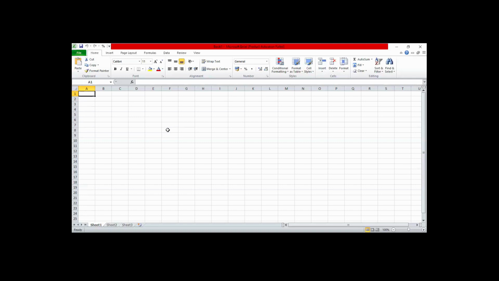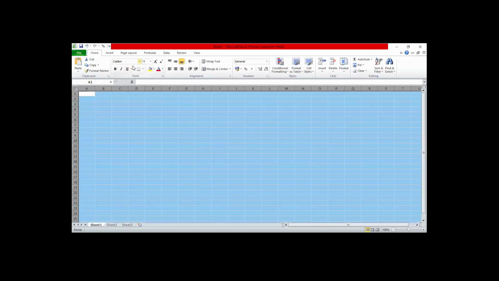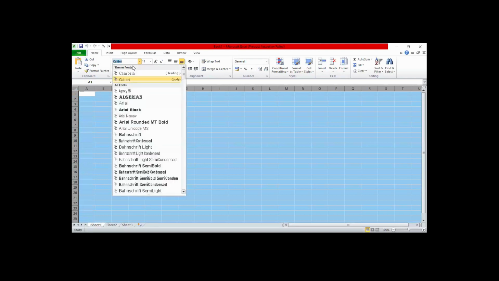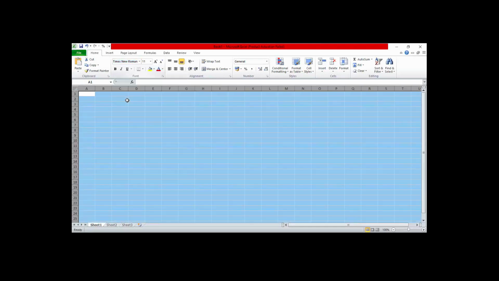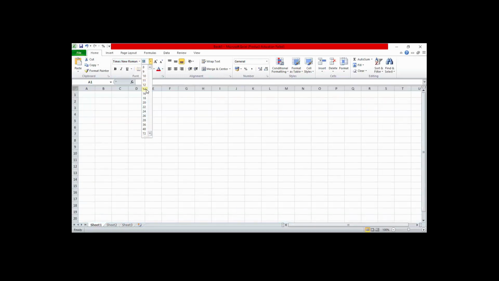Now, we have what we call serial number. Hope you can see the Excel page. Let's assume that we are preparing payroll for Net Worth Professional Limited.